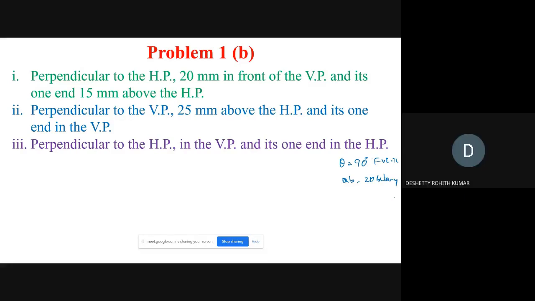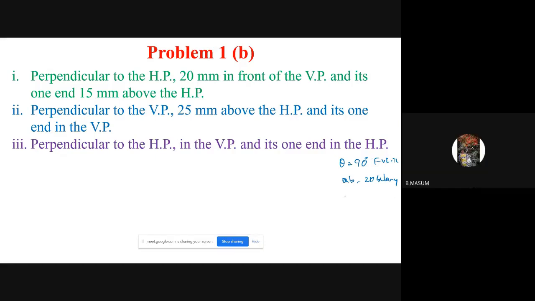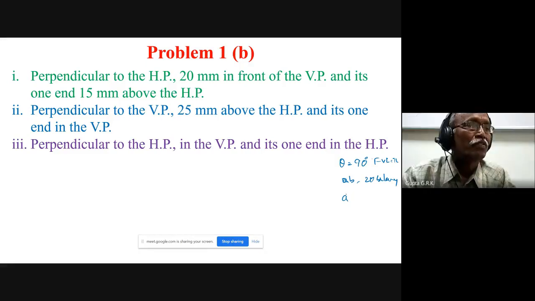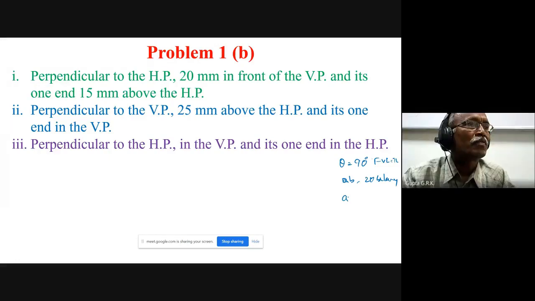And one end is 15 mm above HP, means A dash is 15 above XY. In front of VP means below XY. Perpendicular to HP.